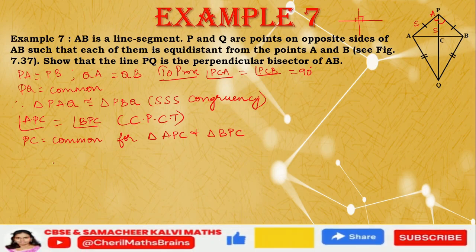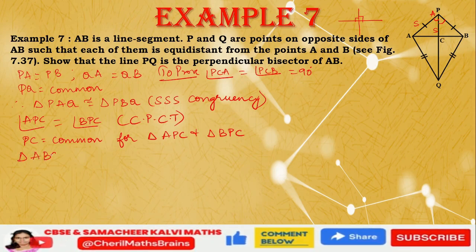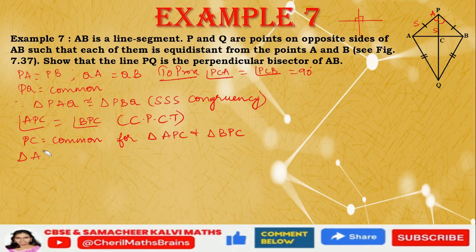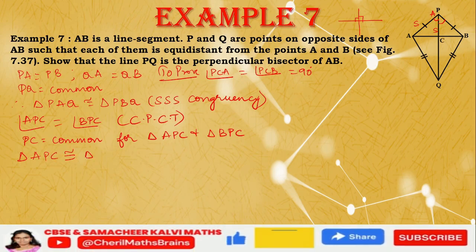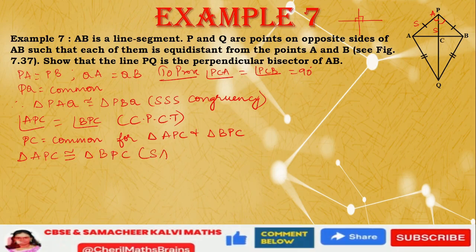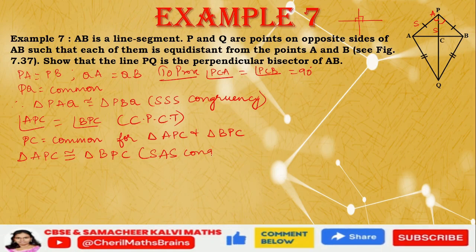Through the SAS congruency, triangle APC is congruent to triangle BPC.